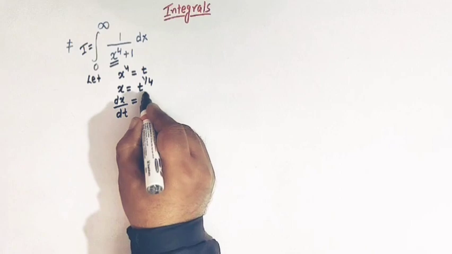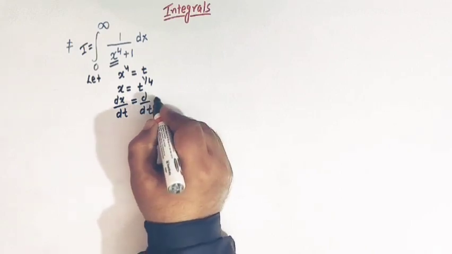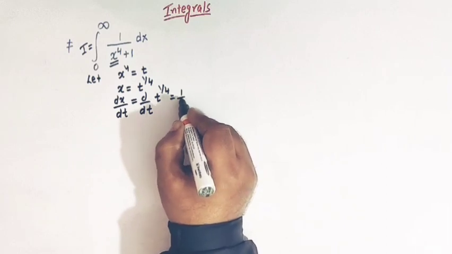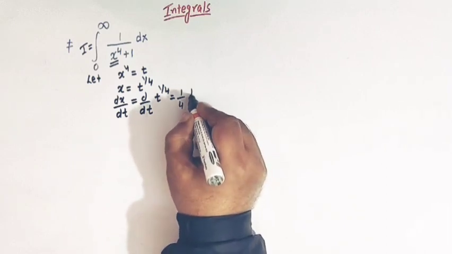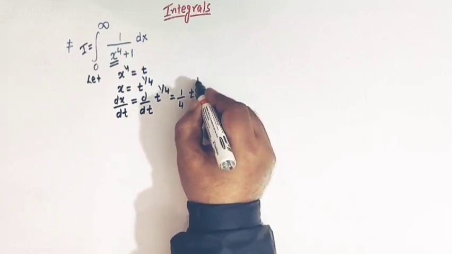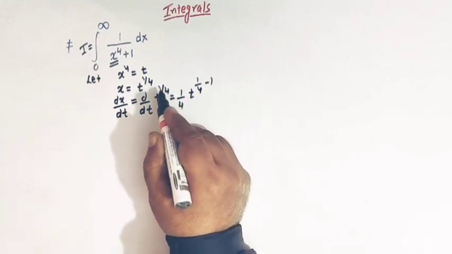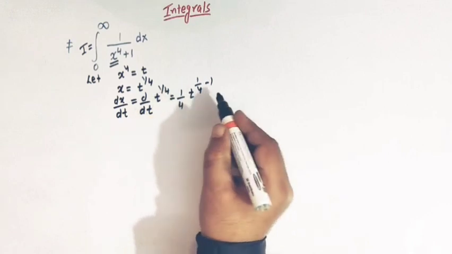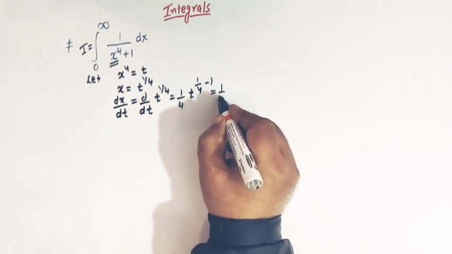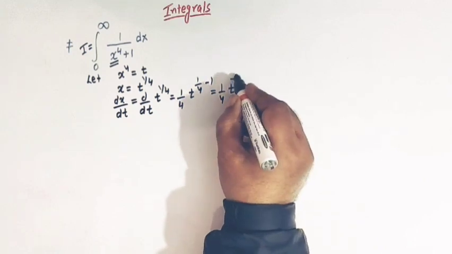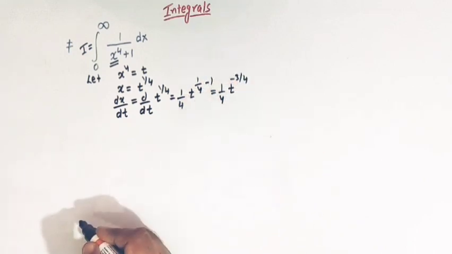So we have to find the derivative of t raised to 1 by 4 with respect to t, that is 1 over 4 t raised to 1 over 4 minus 1. Here we'll make use of the power rule for differentiation. So this is 1 over 4 t raised to 1 minus 4, that is minus 3 over 4, right?